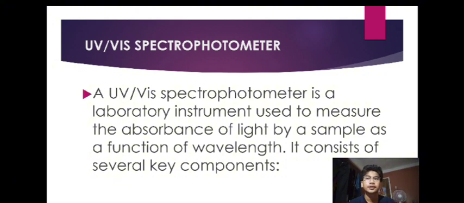First, we will prepare standard solutions. We will prepare a series of standard solutions containing known concentrations of the analyte. Then we will measure the absorbance of each standard solution at a wavelength where the analyte absorbs strongly.